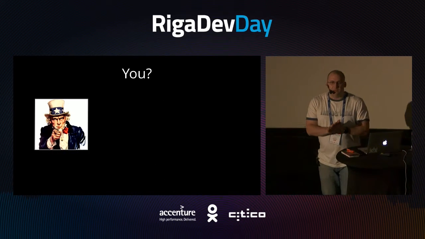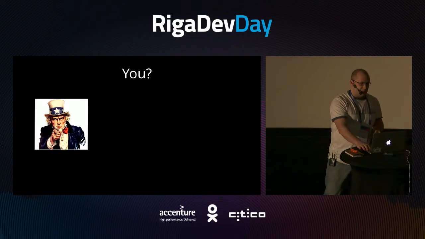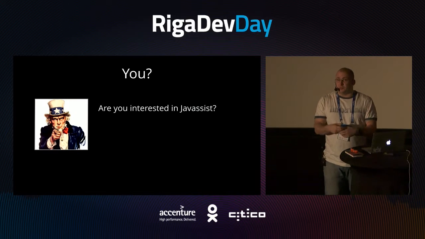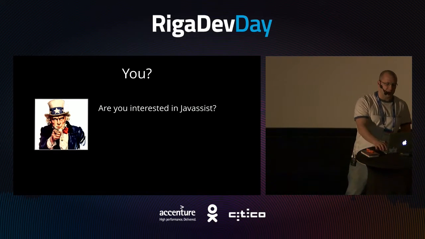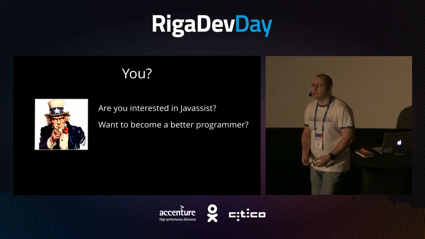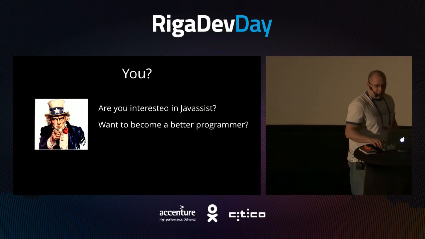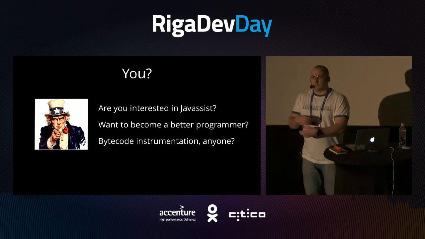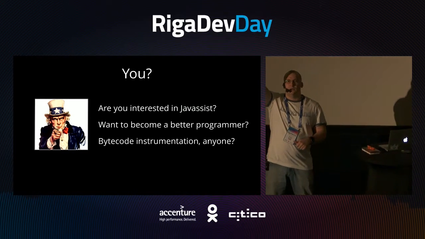And what about you? Why did you come here? I have no clue, so I can only assume that you are probably interested in Javassist, maybe. Or maybe you have read the abstract and you want to become a better programmer. Not gonna happen, sorry. Or you are interested in bytecode instrumentation and stuff. Has anyone used Javassist before?